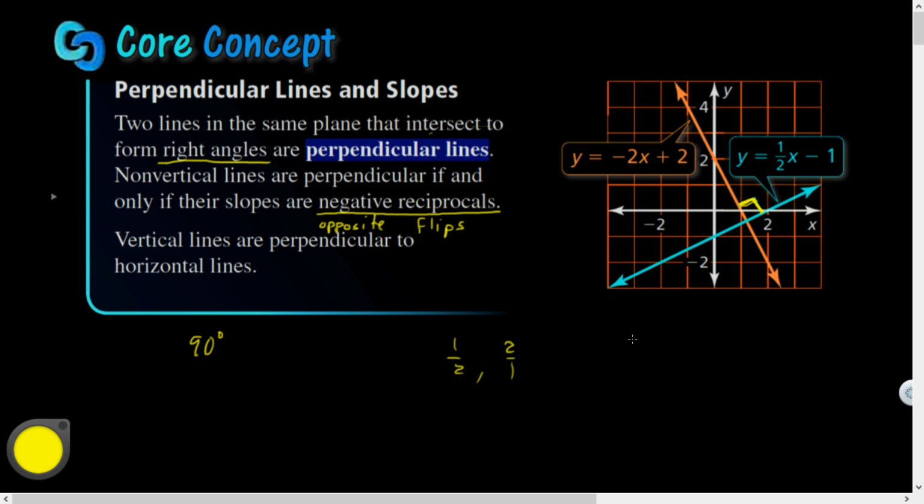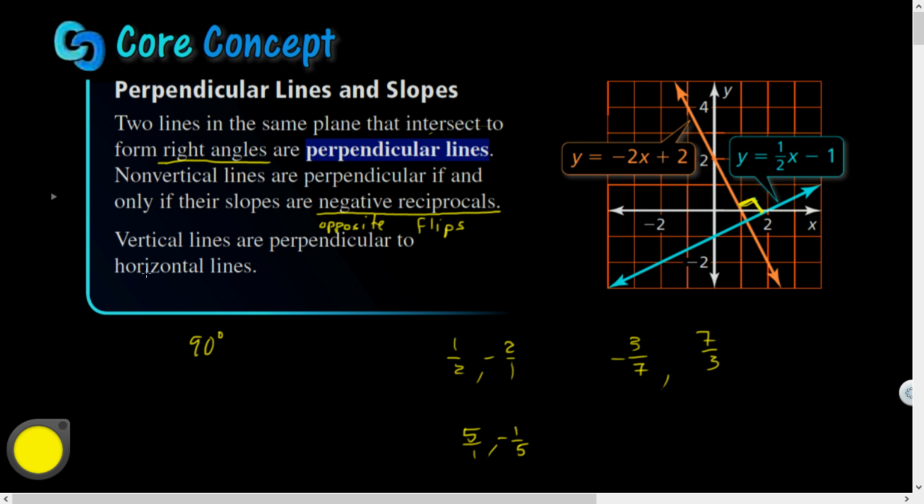If I have 3/7, the reciprocal is 7/3. If I have 5, what's the reciprocal of 5? How do I flip 5? Yeah, 1/5, because I could imagine 5 as being 5/1. They're also opposite, or negative, of each other. If this one's positive, this one's negative. If this one's negative, this one's positive. That's how these things relate.